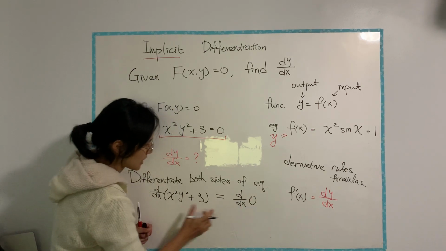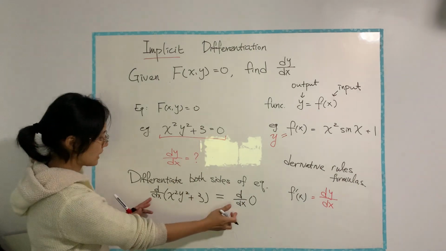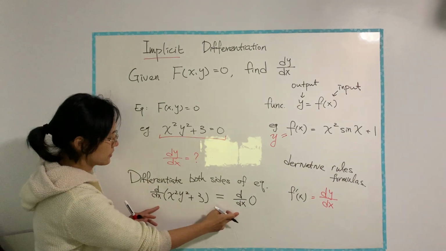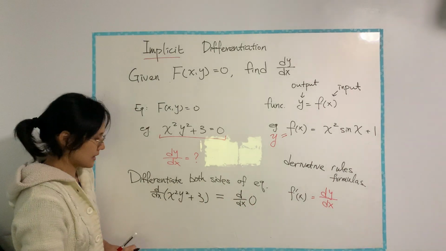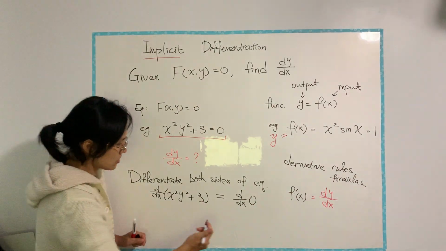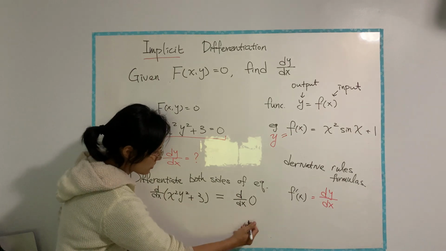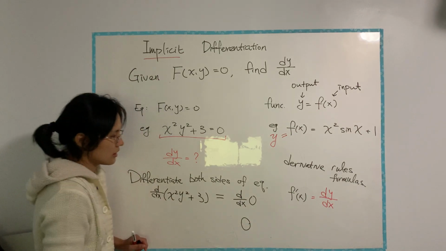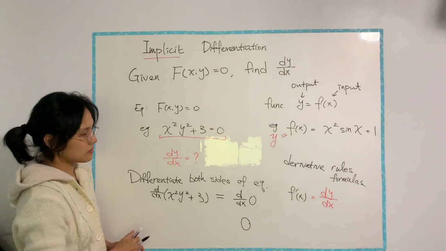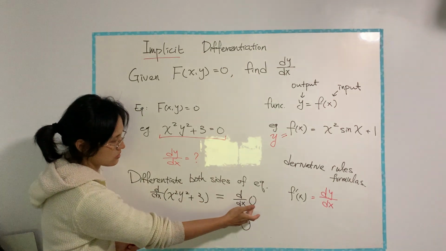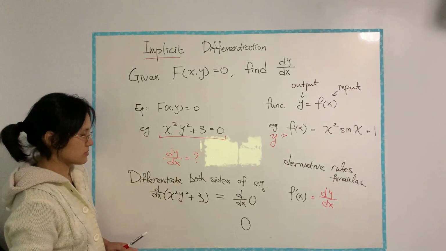Because they come from the equation, I know after taking derivatives, the left hand side still equals the right hand side. Very quickly, I know that the derivative of a constant is equal to 0. Doesn't matter if it's 0 or 1 or whatever, as long as it's a constant, the derivative is equal to 0.